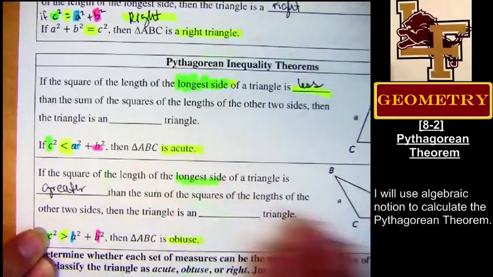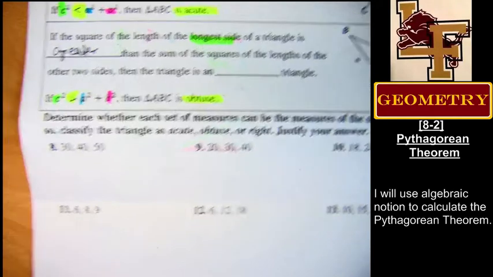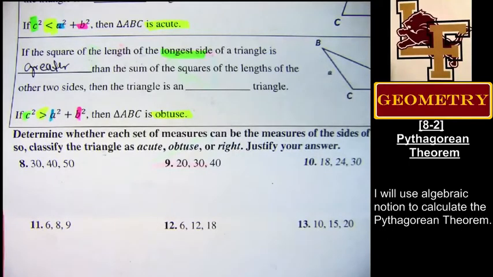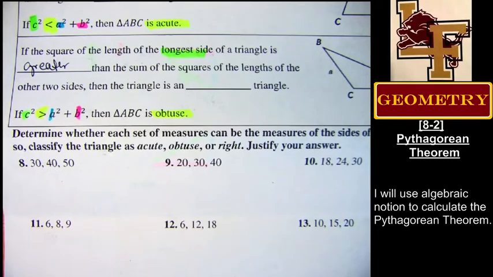All right, let's practice. We are going to determine whether each of these forms a triangle, and we're going to see if it's acute, obtuse, or right. Now, way back when we were first talking about triangles, I need to go back to my old notes because I'm on cold medicine and I don't remember anymore.